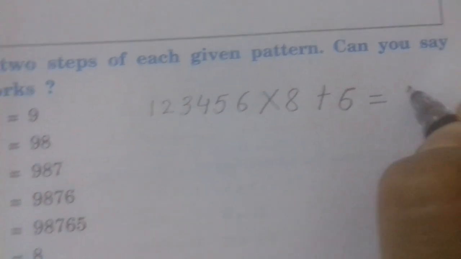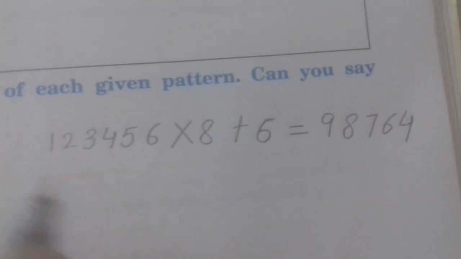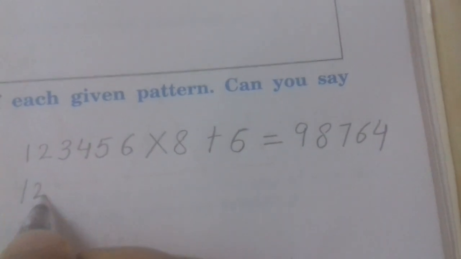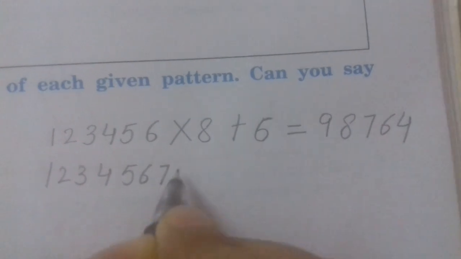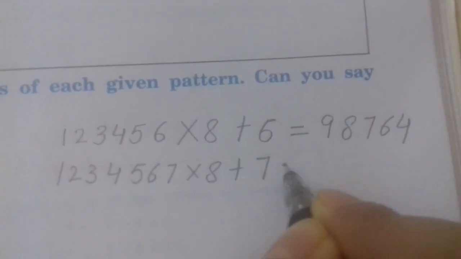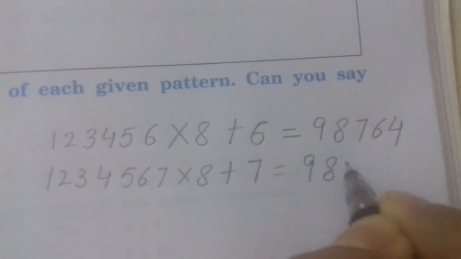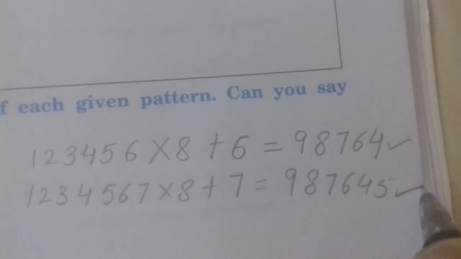So what will come here? 9, 8, 7, 6 and 5. Next step 1, 2, 3, 4, 5, 6 and 7 multiply by 8 plus 7, next step, then 9, 8, 7, 6, 5, 4. These are the two steps.